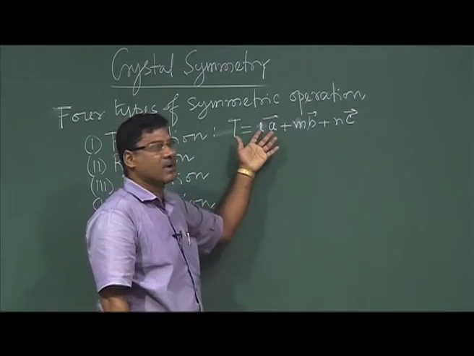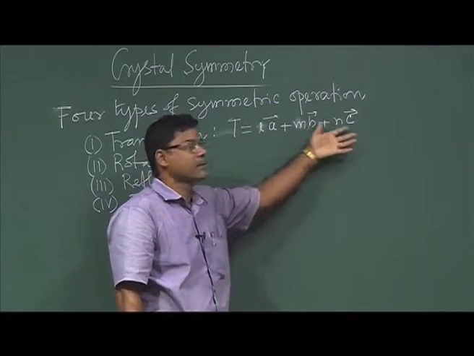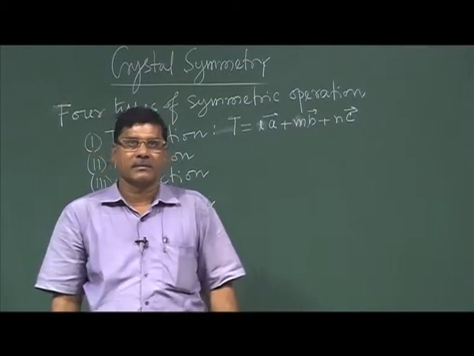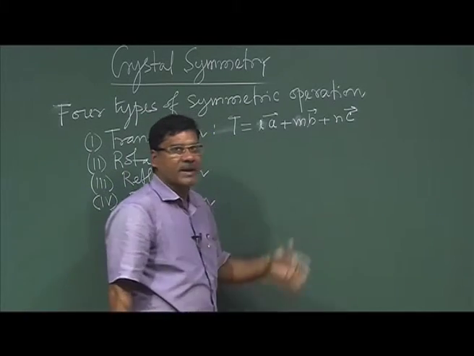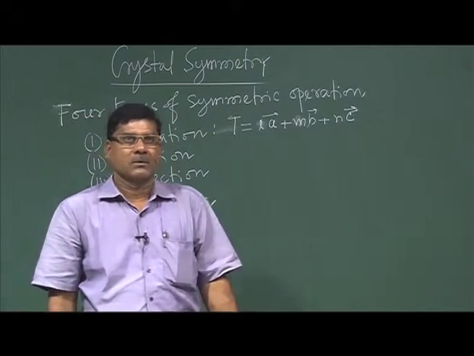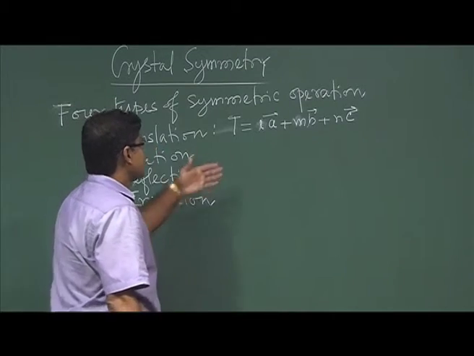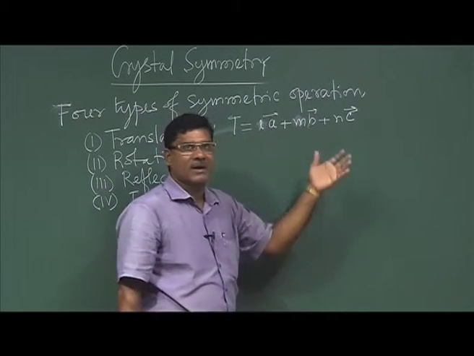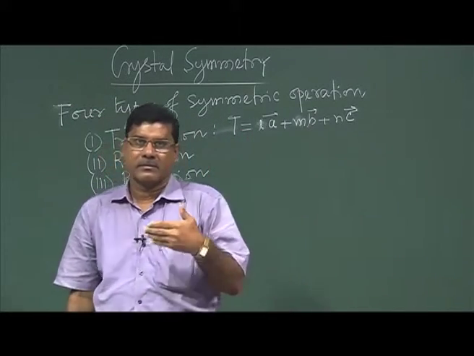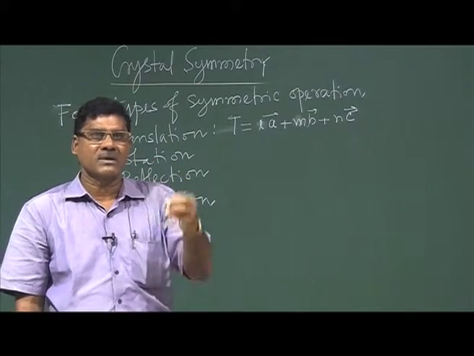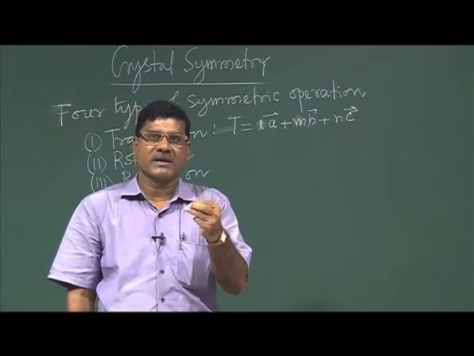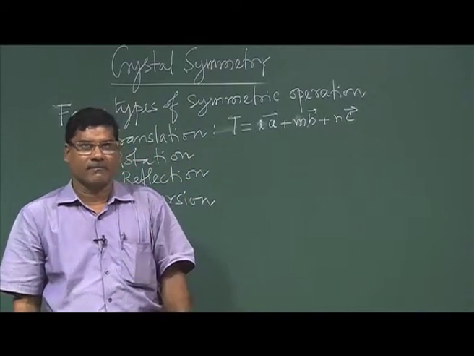Taking all possible values of l, m, n, one can generate lattice points in space. This lattice point itself is defined such that the environment or surroundings of each lattice point is identical.